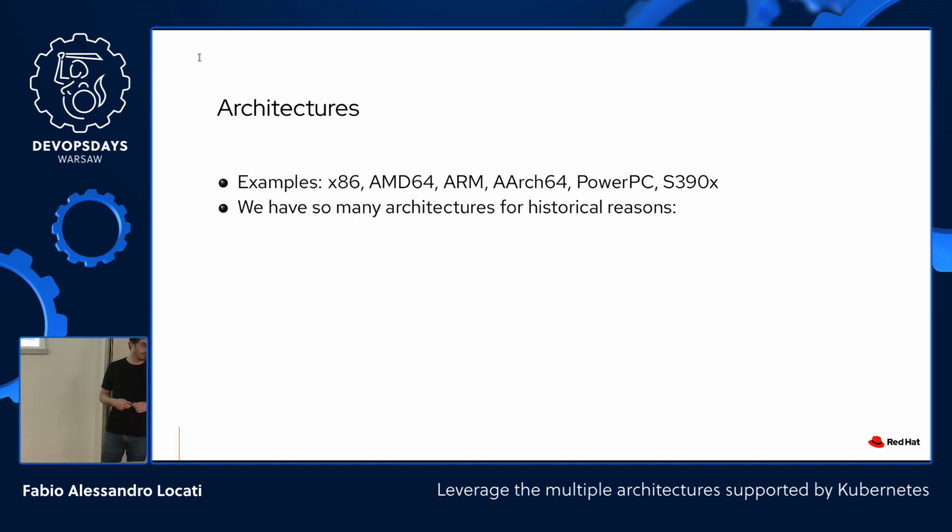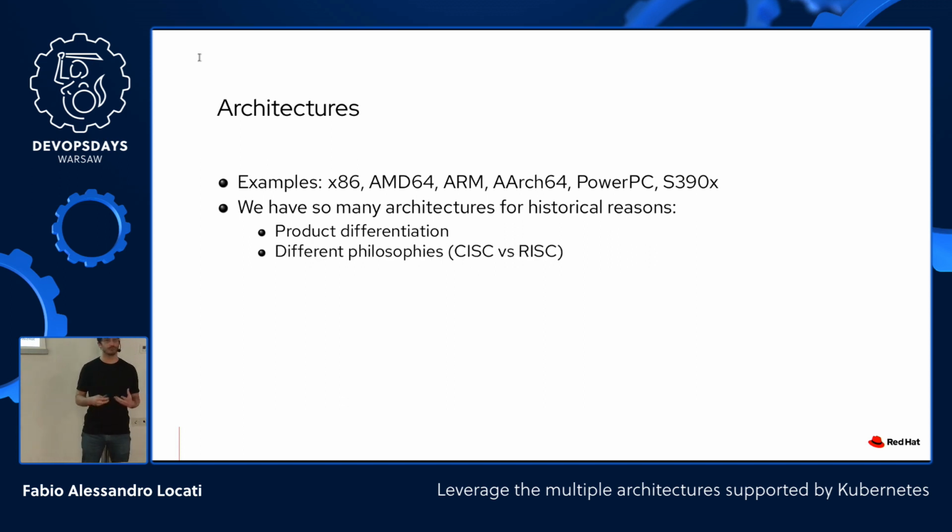There are many architectures in the wild. Those are a very small subset of all the architectures that are available, and mostly this is due to historical reasons. So there has been some product differentiation that some companies wanted to have, so they created their own architectures.